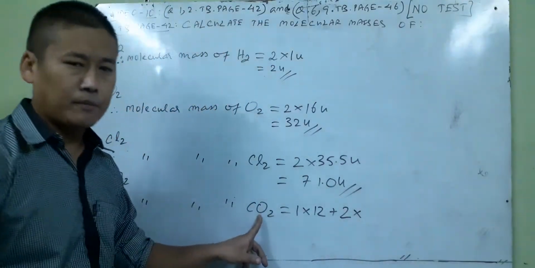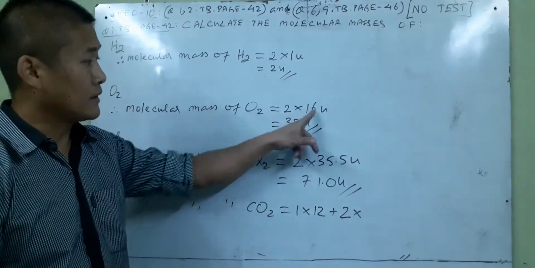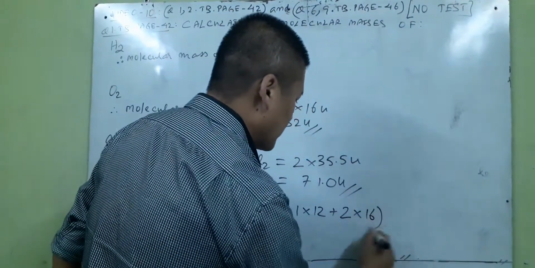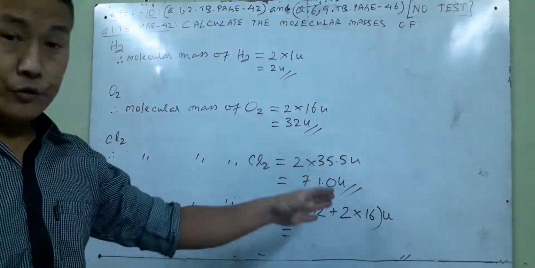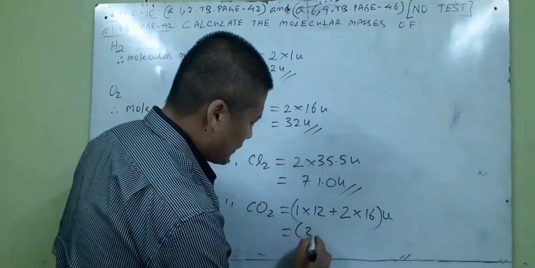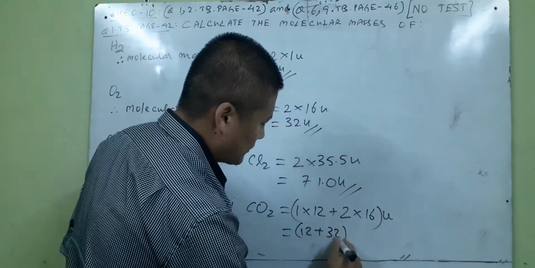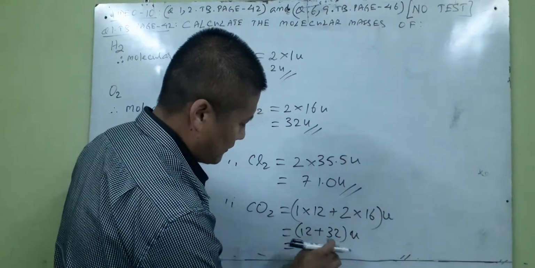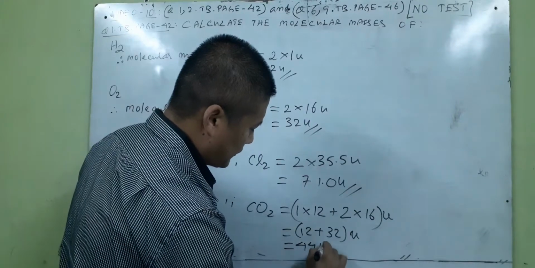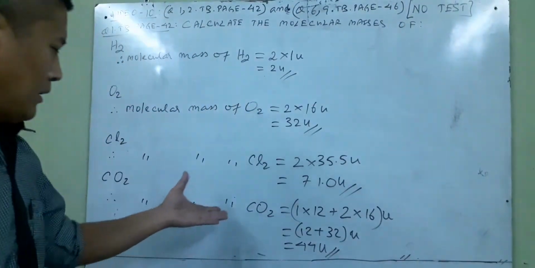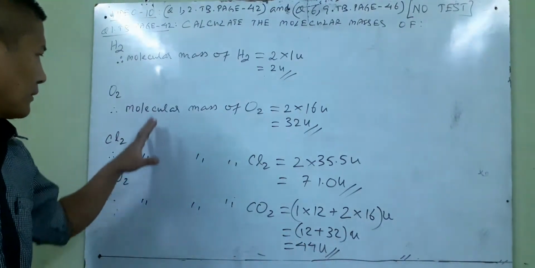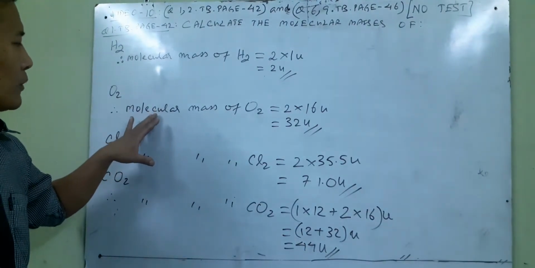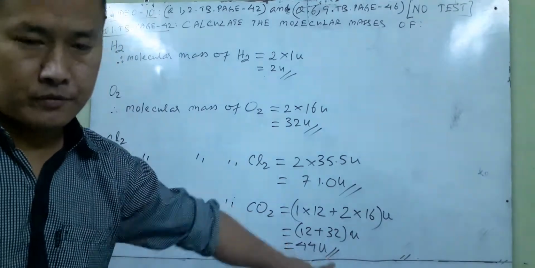And then 1 oxygen atom, page 37 again, you see 16. Then you put a comma, bracket and put U here, because the unit of molecular mass is U, right? Then 1 into 12 plus 2 into 16, 32 U. So this will be 44 U is the molecular mass of carbon dioxide. And gram molecular mass will be 44 grams, but this is not gram molecular mass, this is molecular mass, so we should use the unit U, right?